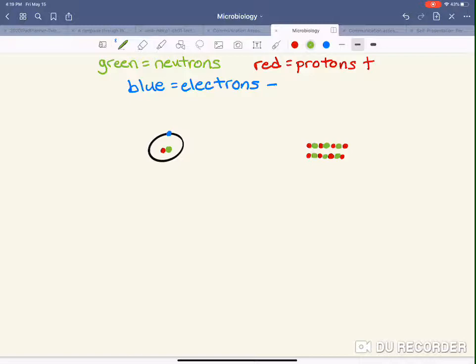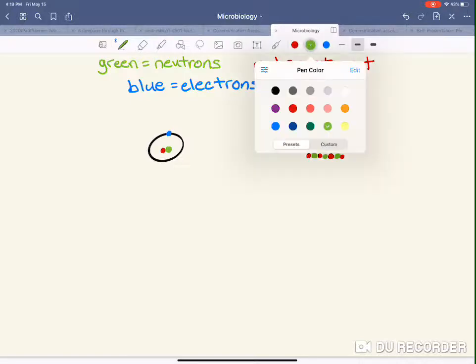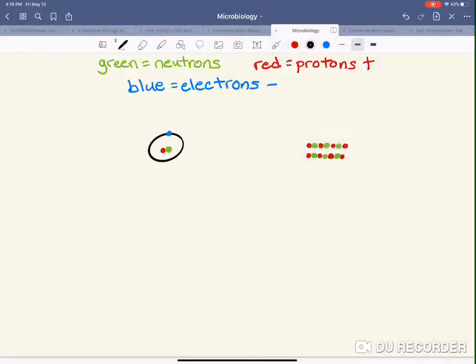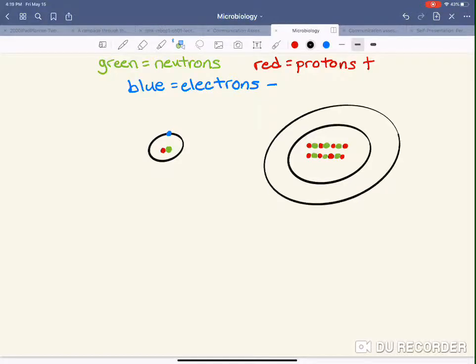Okay? And then for this one, we have 1 shell and 2 shells. And then, so here, we're going to have 2 electrons hanging out with each other on that first shell.